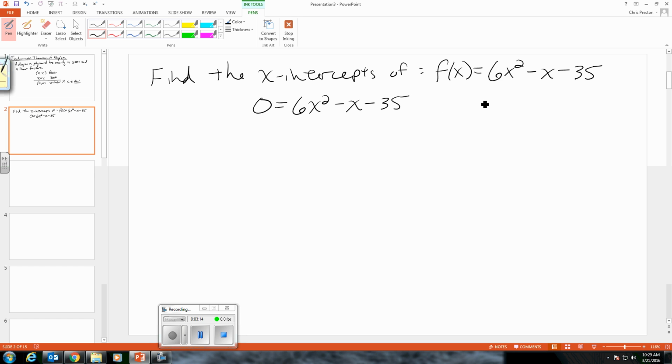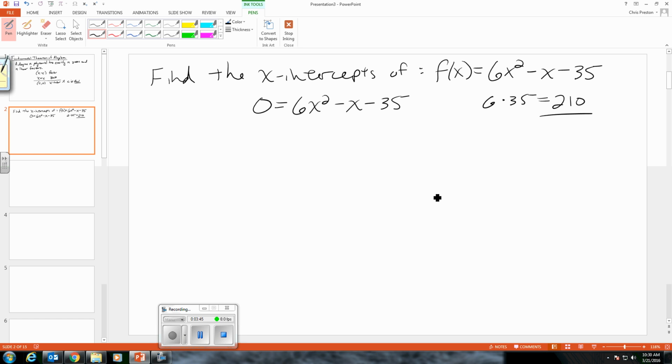So let's say 6 times 35. What's that? That's 210. All right, so what are the factors of 210 that are different by 1? They have to be very close to each other. Half of the whole number factors of 210 are less than the square root of 210, and half are more than that.